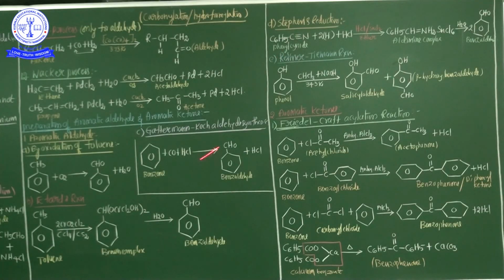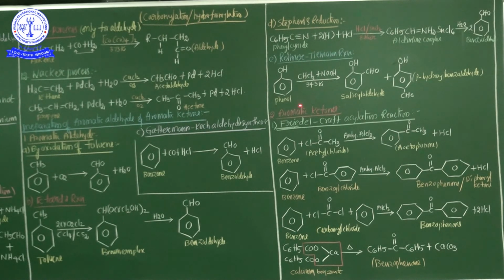One more named reaction from the aromatic aldehyde preparation methods, Stephen reduction. Already the Stephen reduction name came in the aliphatic aldehyde preparation method, that is from nitrile. Now here also Stephen reduction has come. This is aromatic aldehyde.